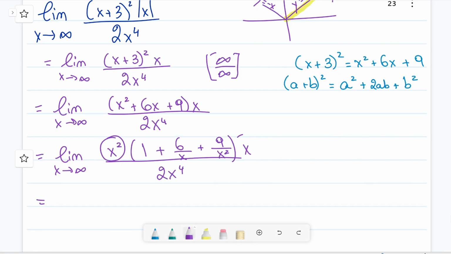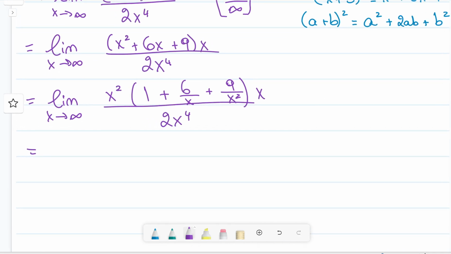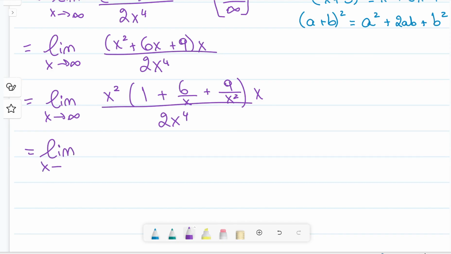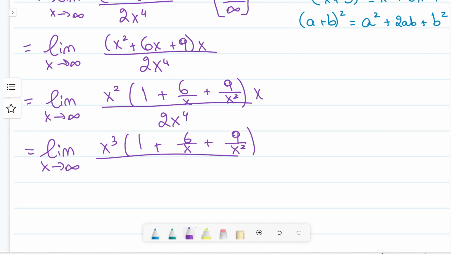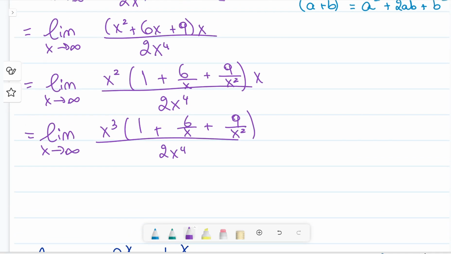We have x squared here and x. Using exponent laws, they have the same base, so we can add up the exponents. So this gives us x cubed times 1 plus 6 over x plus 9 over x squared, divided by 2x to the power of 4. Now we can try to simplify.